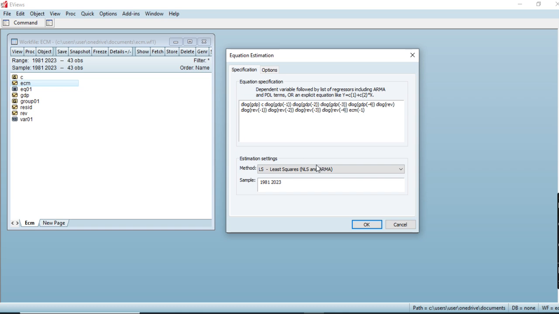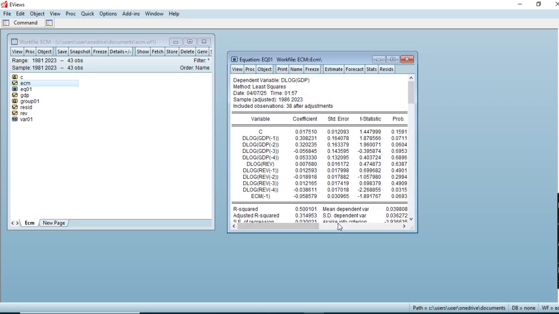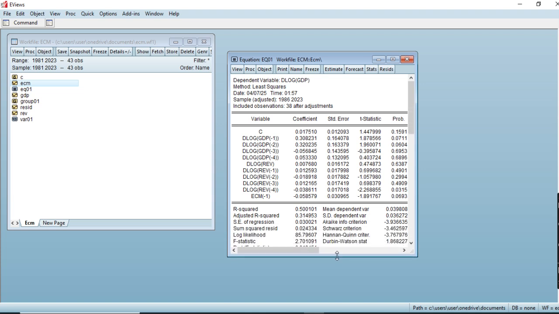Now we've gotten the 4 lags incorporated in the model. Let's check it out. Okay, good. This is the ECM model for the appropriate lag length. Now we'll discover something.